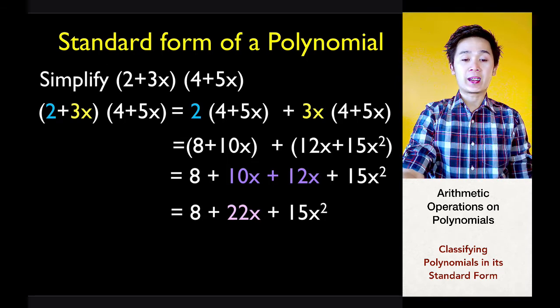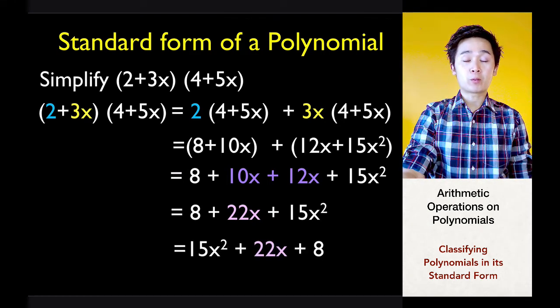Now this is not yet in standard form because the leading term should always be the highest exponent, and the last term should always be your constant or your lowest exponent. So the standard form of your polynomial would be 15x squared plus 22x plus 8 by rearranging the terms. In this case, we will call this a quadratic trinomial. So this is how we standardize polynomials by addition and multiplication.